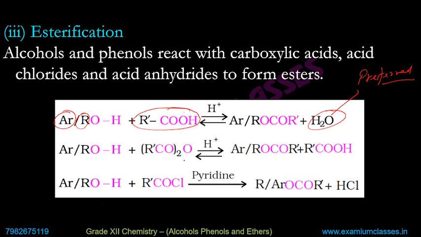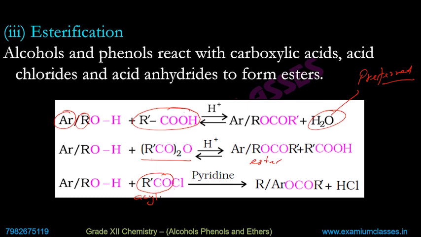So if you are using the anhydride, then also you will get ester. If you are using acid chloride, this is the acyl group. Then again you will get esters.